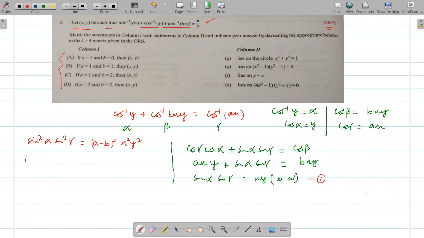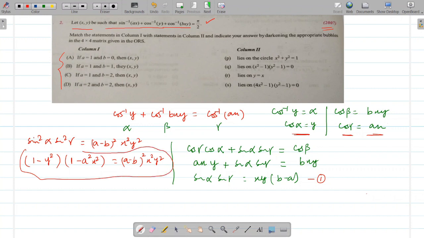Sin square alpha is 1 minus cos square alpha, and cos square alpha is y square. Sin square gamma is 1 minus cos square gamma, and cos square gamma is a square x square. So we get (1 minus y square)(1 minus a square x square) is equal to (a minus b) square x square y square.